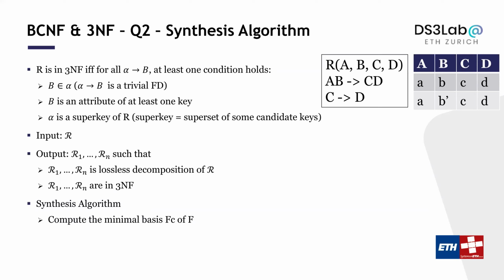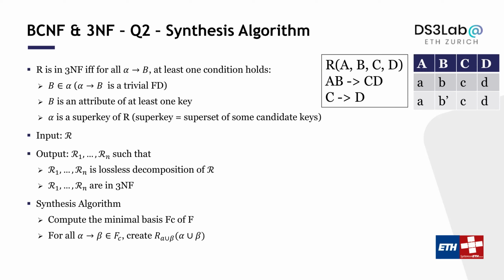It's very simple. You first compute the minimal basis of F. F is all the functional dependencies you have in the system. We talked about the minimal basis in the last lecture. That is the smallest set of functional dependencies from which you can derive all the functional dependencies in F. Essentially, that's like the core of the functional dependencies.